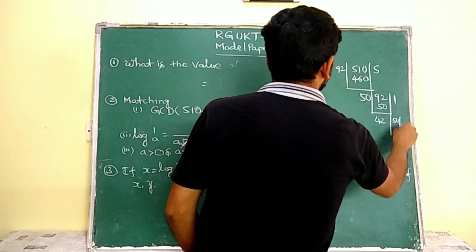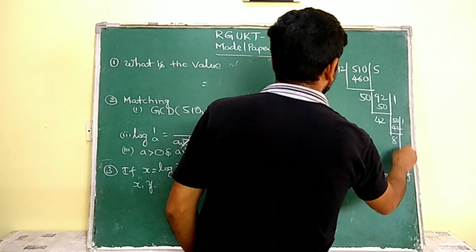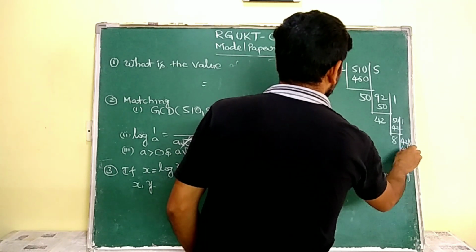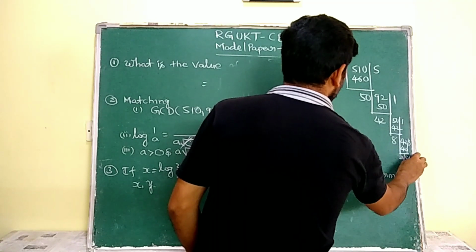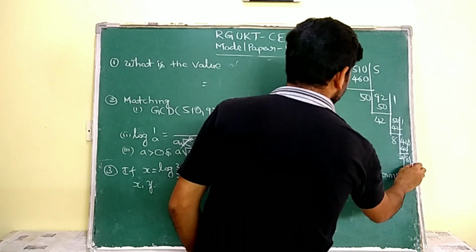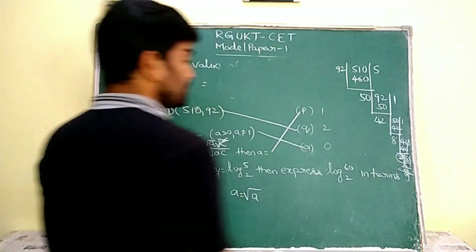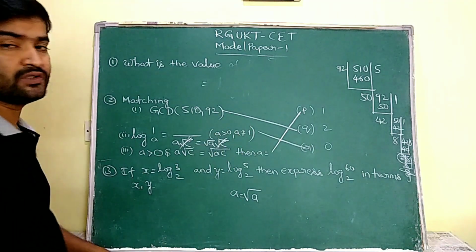Then 50, 42 ones are 42. 8 left. 42, 8 5s is 40. 2 left. With that 2 I am going to do 8 more. 2 4s is 8. So 0. So 2 is the HCF. So simply we are going to do that.